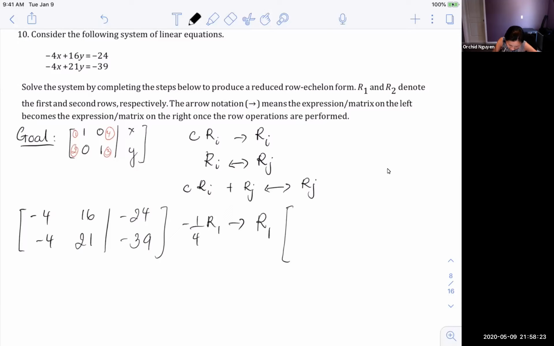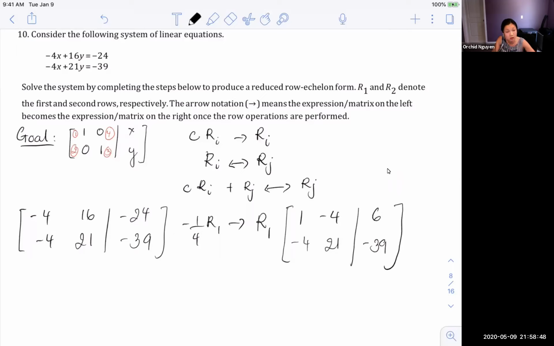So what I have is -4 divided by -4 is 1. 16 divided by -4 is -4. -24 divided by -4 is +6. All right. And then I'm just going to copy the second one down.